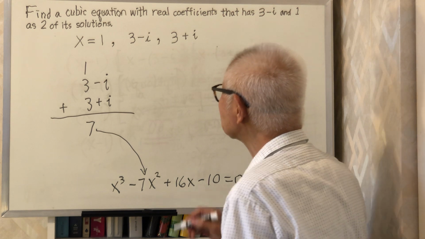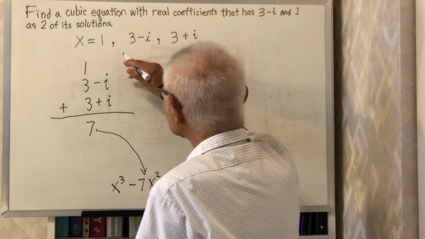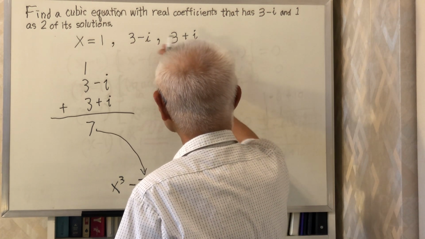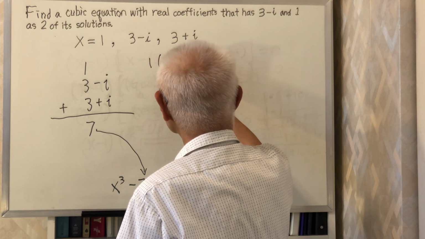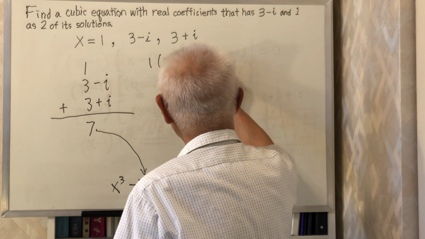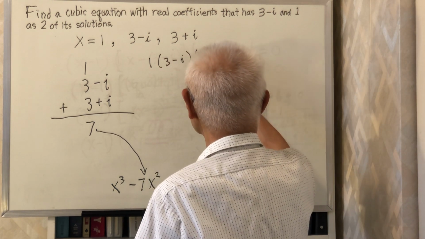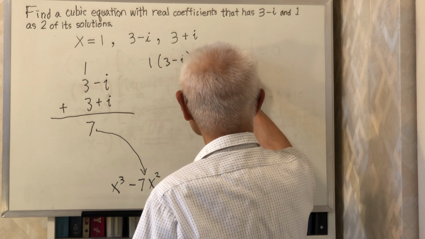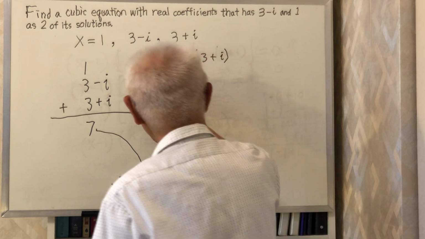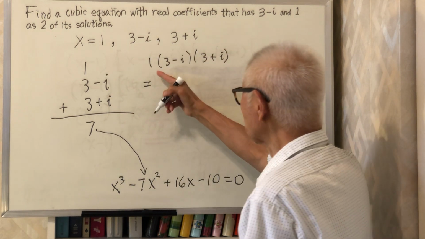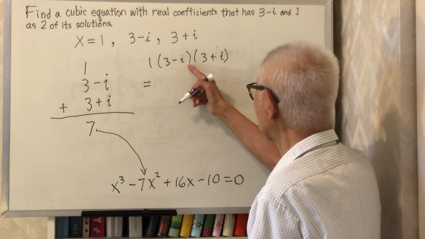Now, you multiply the three answers. So 1 times 3 minus i, excuse me, 3 plus i. You don't need to worry about 1, you just multiply this.